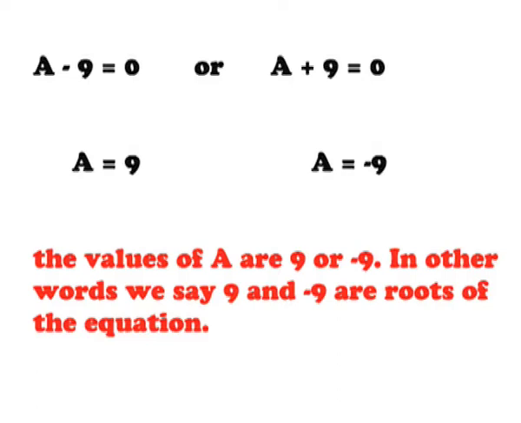For the very first one, we need the value of a that will make the equation 0. That is obviously 9. And for the other equation, we need a value of a that will make it 0 as well. And that is obviously minus 9. The values of a are 9 or minus 9. In other words, we say 9 and minus 9 are the roots of the equation.